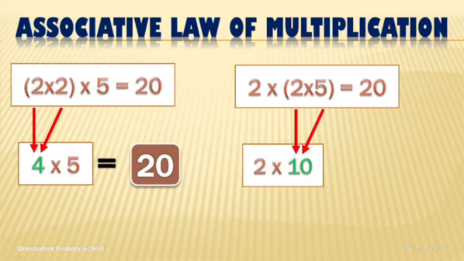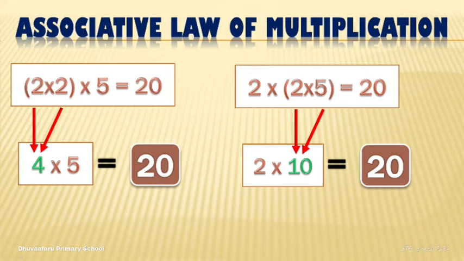If the associative law of multiplication holds, we should get the same answer. To start, we multiply 2 times 5. The answer is 10.